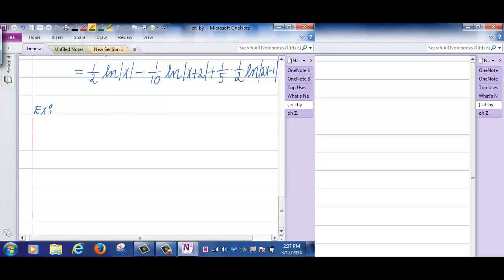Let's say now we want to integrate the fraction 4x divided by x cubed minus x squared minus x plus 1. Again, what is the first step?